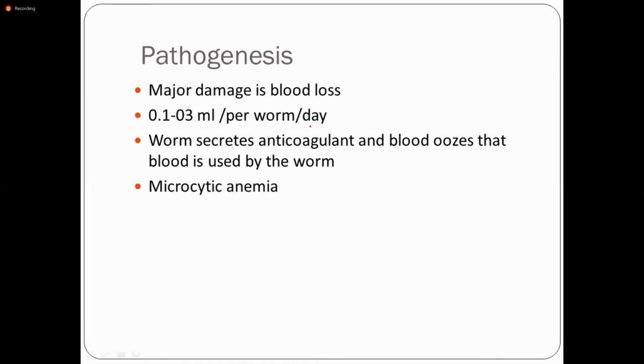Maybe that patient doesn't have that much abundance of worms, but one worm can suck 0.1 to 0.3 ml of blood per day. Worms secrete anticoagulant, and blood oozes at the site where the worm is attached in the intestine, causing microcytic anemia.